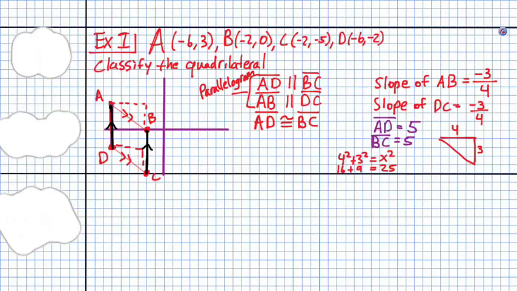So I know that x squared equals 25, therefore x is equal to 5. And so the length of AB is equal to 5. So now I know that AB is congruent to AD because I already knew that AD was length 5. So now I've determined that not only is it a parallelogram, it's also a rhombus.